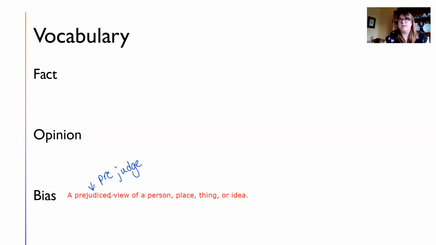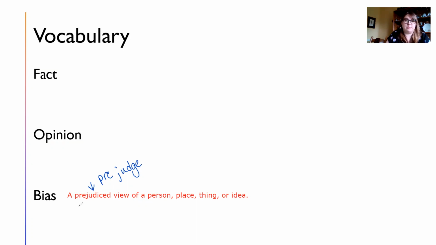That's a bias. I've heard this a lot with food actually, that someone might say, oh, I hate French food, and they've never tried French food. Or, oh, I love Spanish food, but they've never tried Spanish food before. So we're coming up with a judgment about something before you've interacted with it at all.